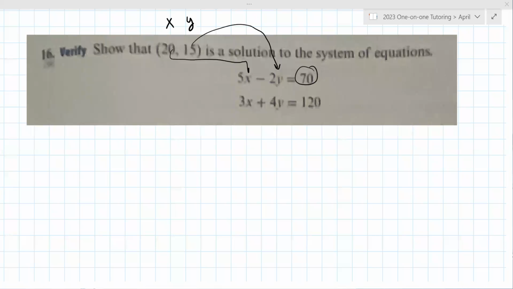Yeah, they're both a solution. All right.